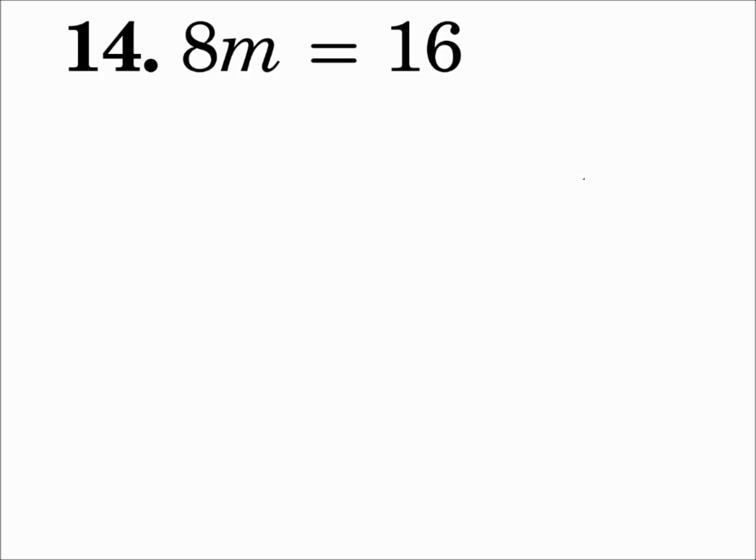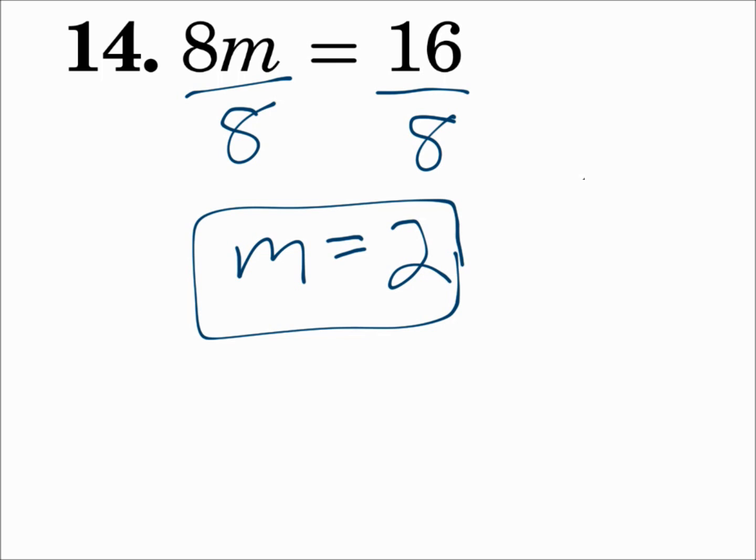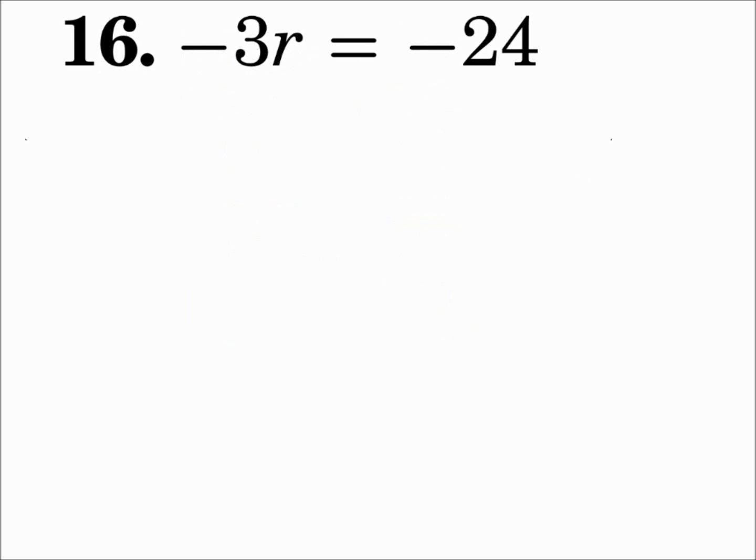14. 8m equals 16. That's 8 times m. Do the opposite and divide both sides by 8. 8 divided by 8 is 1. 1 times m is m. And on the right, 16 divided by 8 is 2. Number 16.